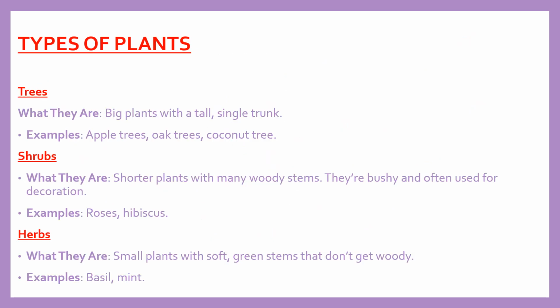Next is types of plants. So what are the types of plants? There will be so many types of plants. But for now, we will be happy with the following types of plants that I will be mentioning now.